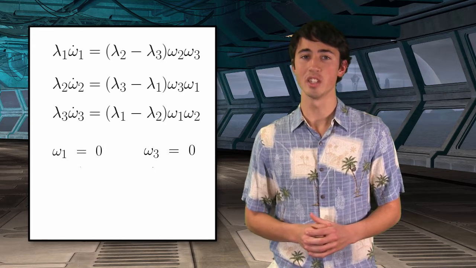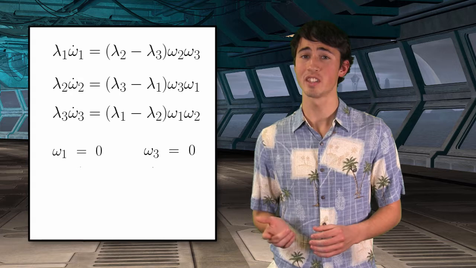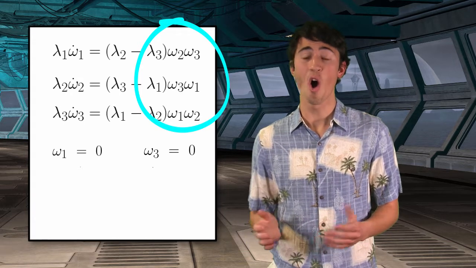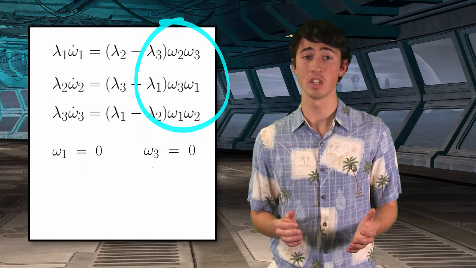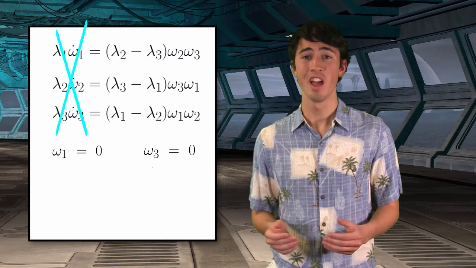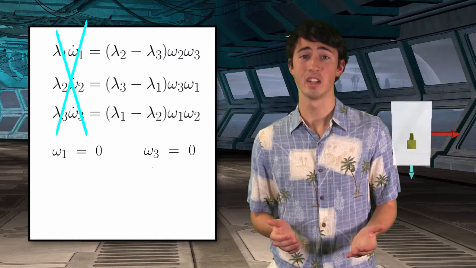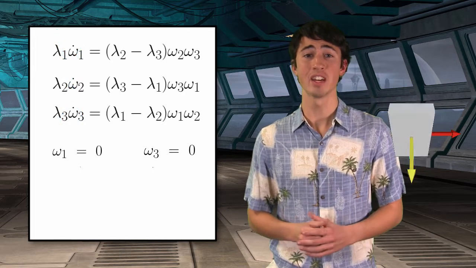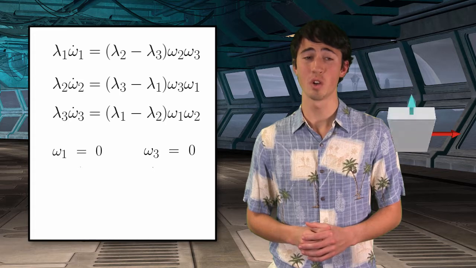Since all of our equations include either the angular velocity for 1 or 2 on the right side, all of the acceleration of rotation go to 0. This is exactly what we see. The rotation is constant around axis 2 and doesn't rotate around axis 1 or axis 3.